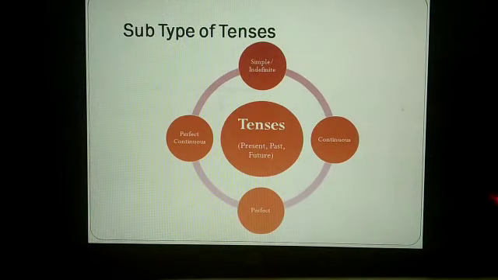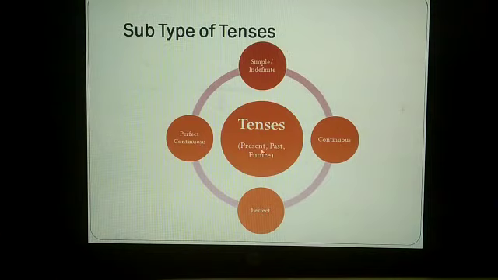Now these are the subtypes of tenses. We have three main tenses: present, past, future, and all these three tenses have four parts each. First, simple or indefinite, then continuous, then perfect, then perfect continuous.